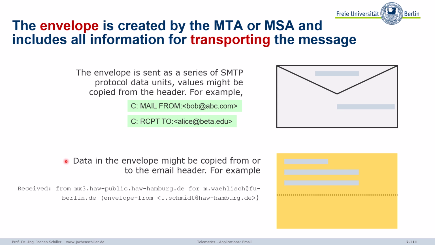For example, we will see how certain information about the path of the email is stored in the header. So there are certain functions, but the most important part is that the MTAs handle this transfer and take care that this important information is on the envelope, and you don't need all the details. And we'll see this in the example later.